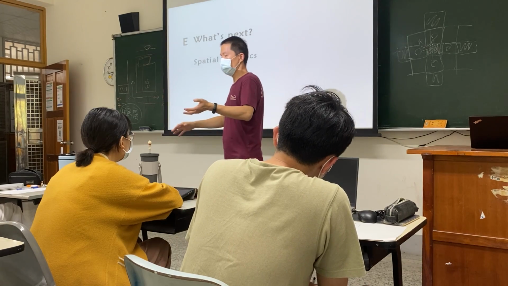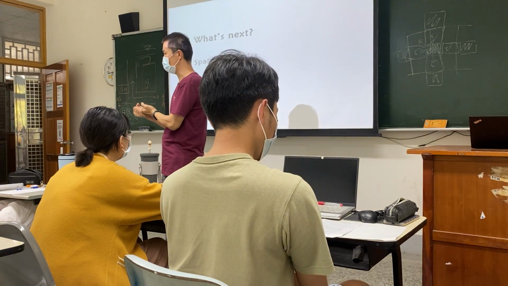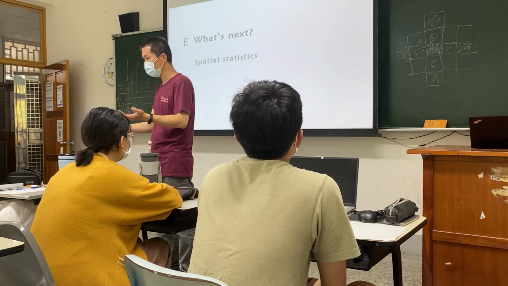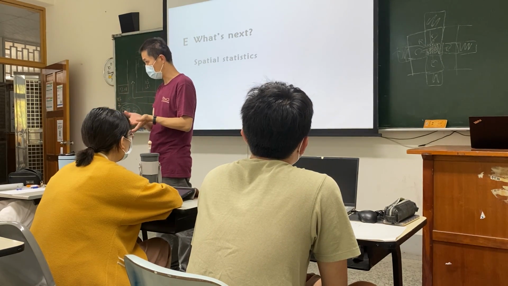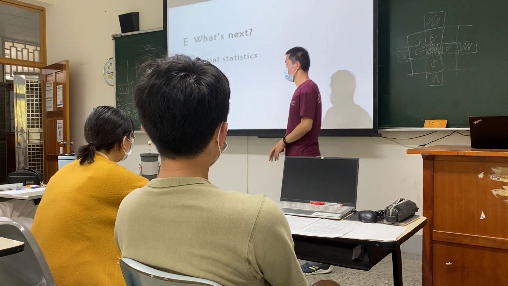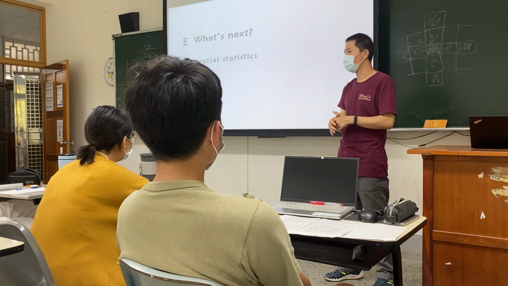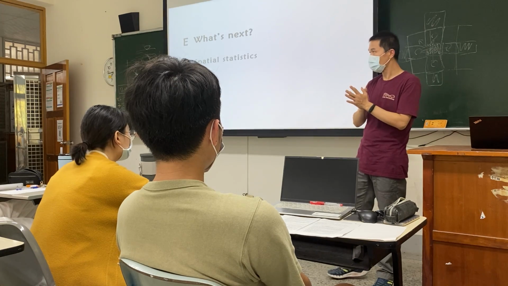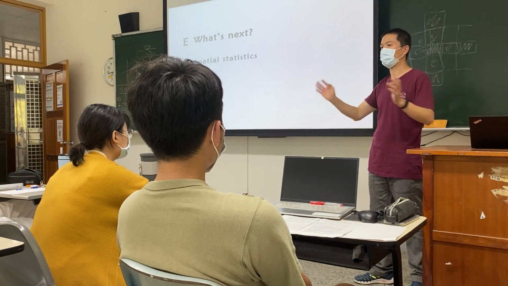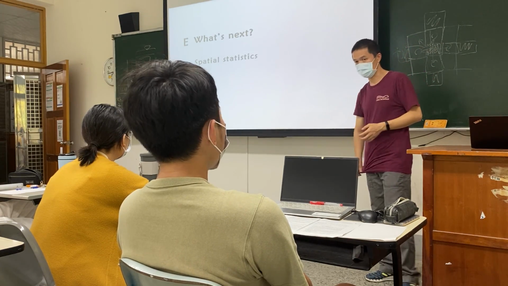For example, if you use all the techniques to get maybe 5 landscape variables, and then you use those in a generalized linear model or a regression, that's still a traditional analysis, right? The analysis itself is not spatially explicit. So a lot of people should create that. Again, those spatial statistics are a lot more complex and require some computer techniques to be able to do that. So we will also touch a little bit on what kinds of spatial statistics we can use. And if later on somebody needs it, you can go search for it.